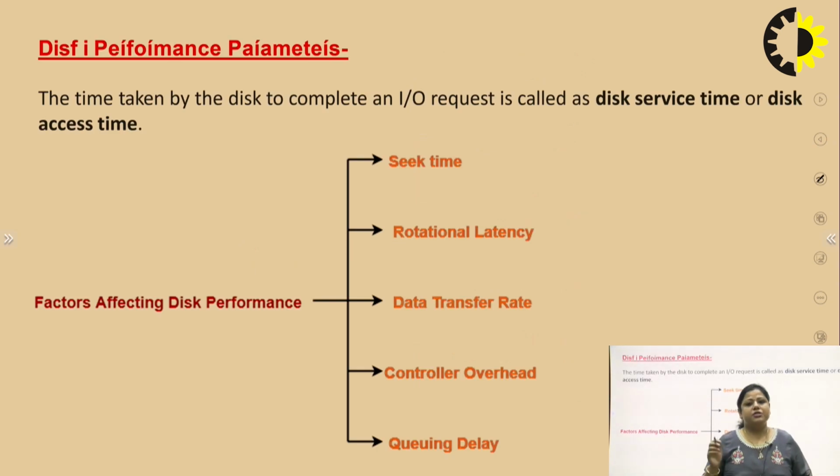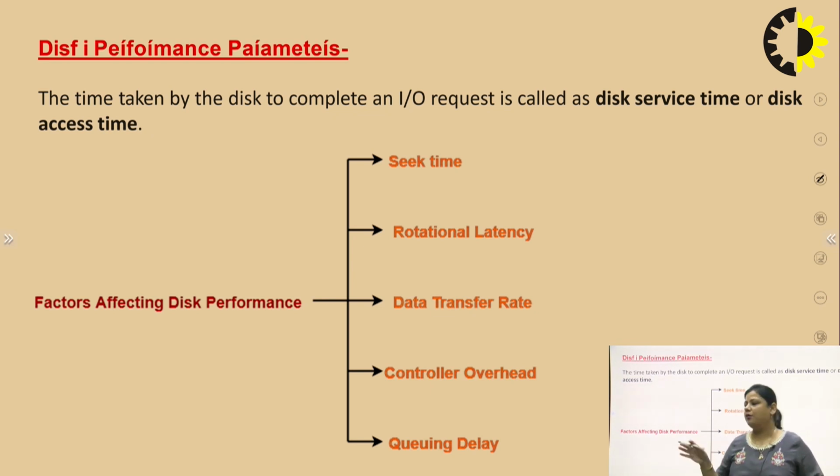There are some parameters like seek time, rotational latency, data transfer rate, control overhead, and queuing delay. These are parameters by which we can solve the problems of disk scheduling algorithms. The time taken by the disk to complete the input output request is called the disk service time or disk access time.